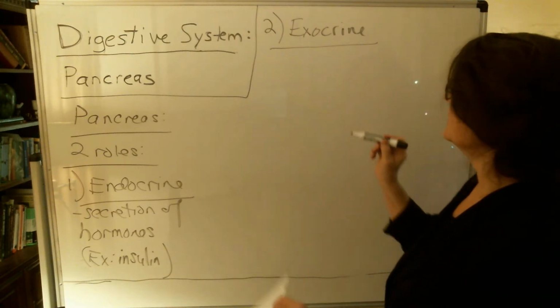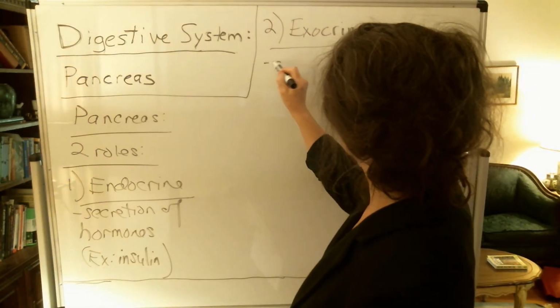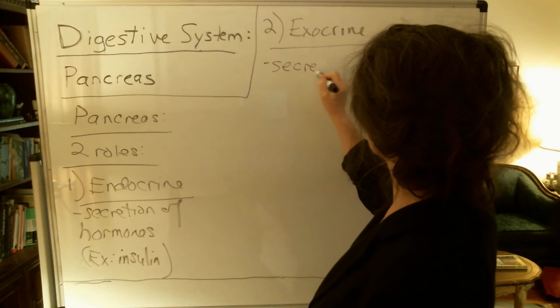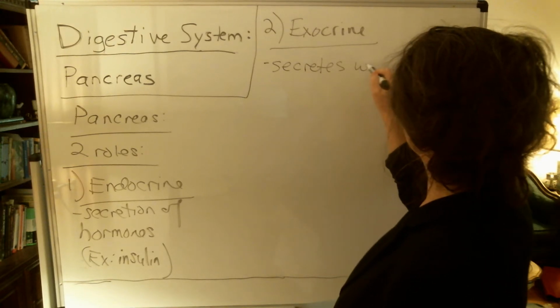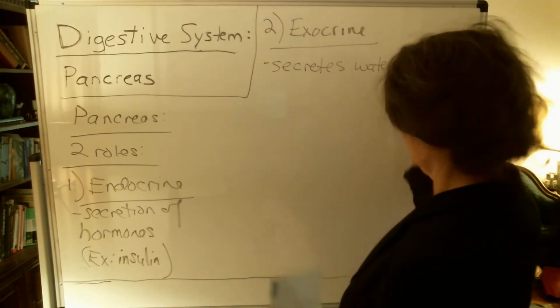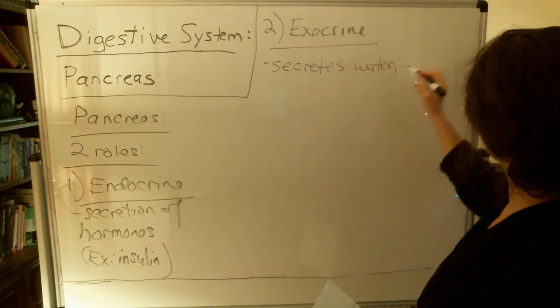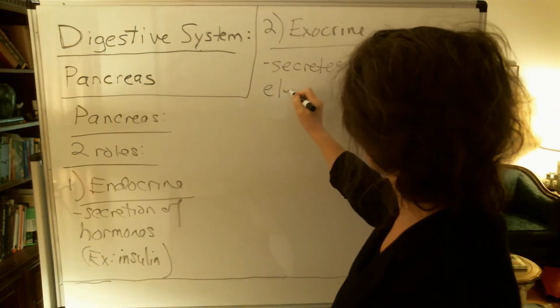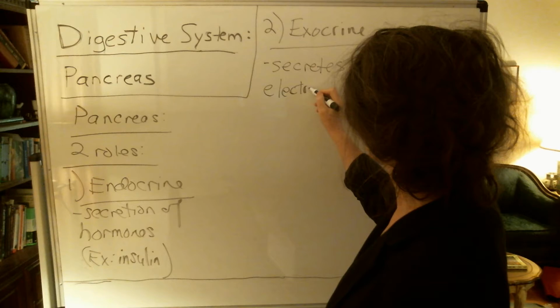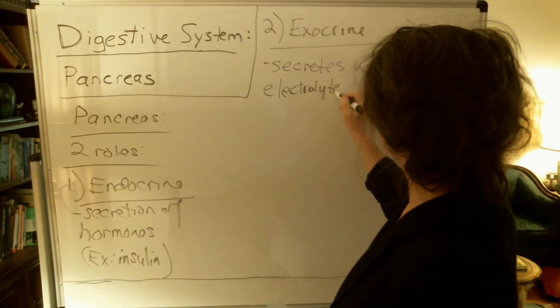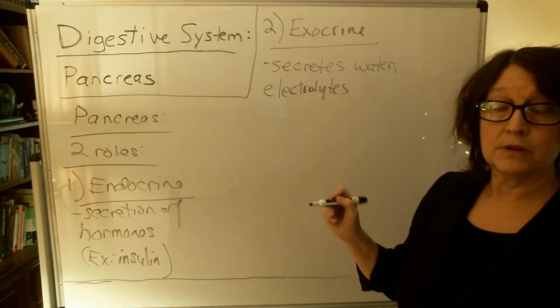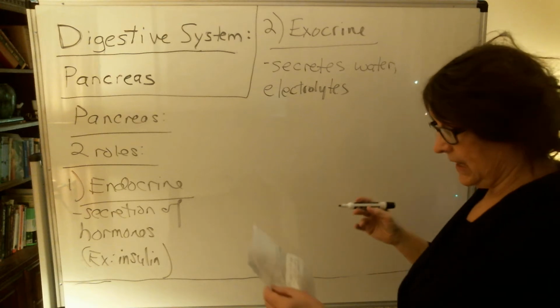So what happens here is that the pancreas then secretes water, electrolytes. Electrolytes are basically minerals, things like sodium and potassium and the like.